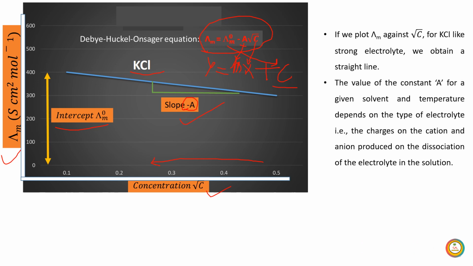The value of the constant A for a given solvent and temperature depends on the type of electrolyte, that is, the charge present on the cation and anion after dissociation in solution. So the value of A depends on the nature of the electrolyte.